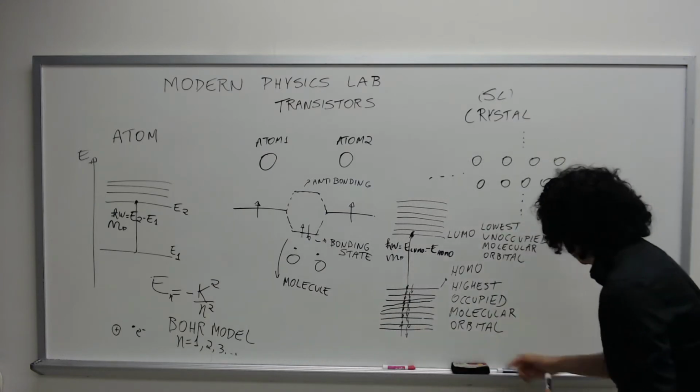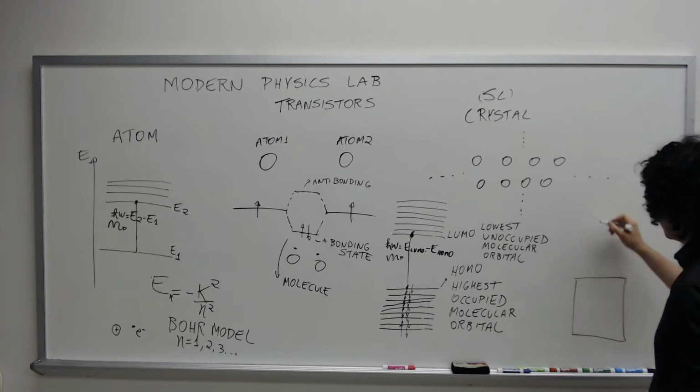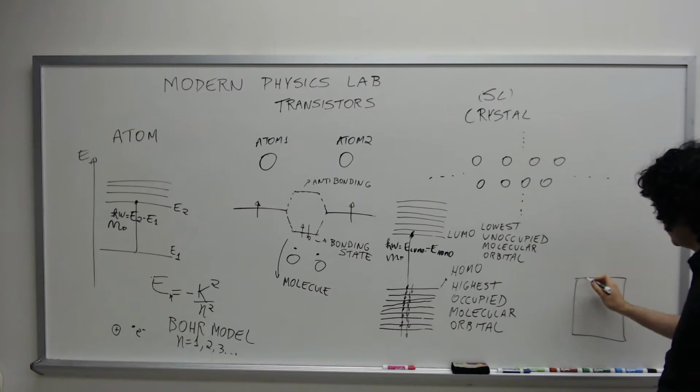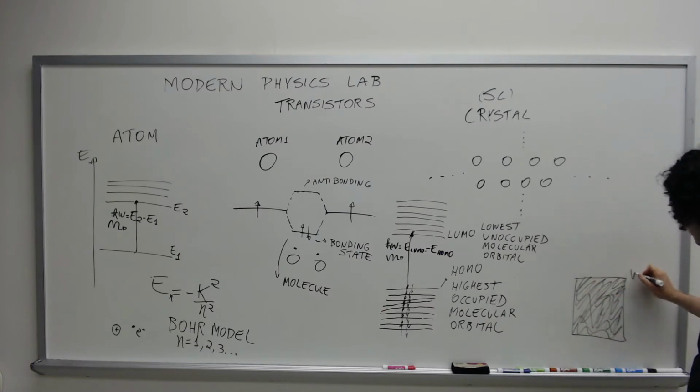So now these will become a continuum of states. You have this state which is entirely filled with electrons, the valence electrons, and this is called the valence band.